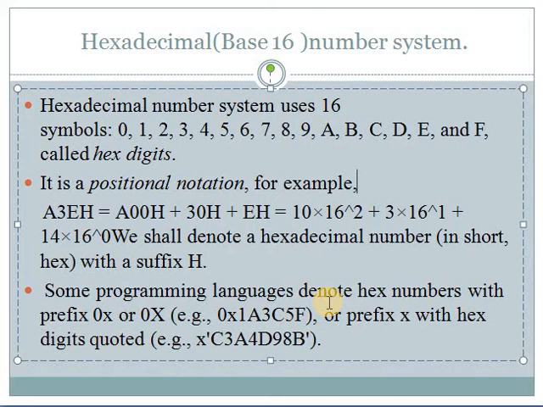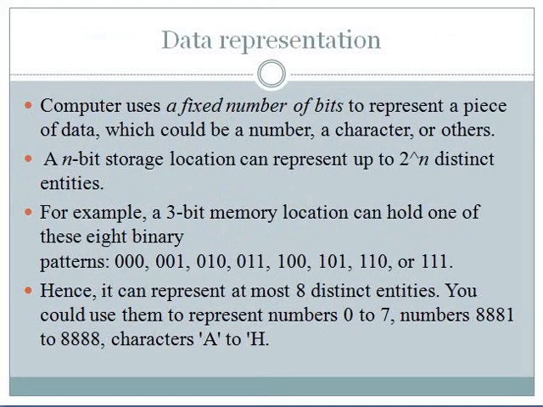So this is how the data is represented in the computer. Let's go again to the first slide. Here, the computer uses a fixed number of bits to represent a piece of data, which could be a number or a character or others.